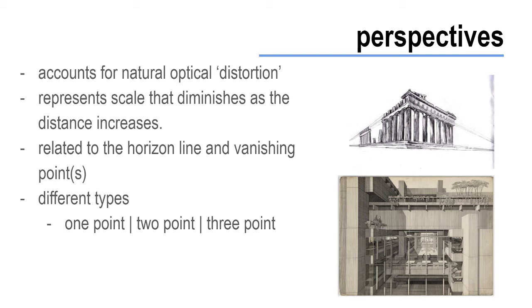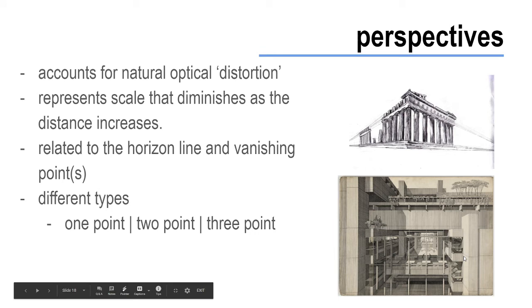There are two traditional types that we'll at least practice in this class. One is a 1 point and the other a 2 point, and that refers to the vanishing points that are sitting on what we call the horizon line. In this instance, we would have a horizon line going all the way across here, and this would be a 2 point perspective because it's going towards a vanishing point on the left and another vanishing point on the right.